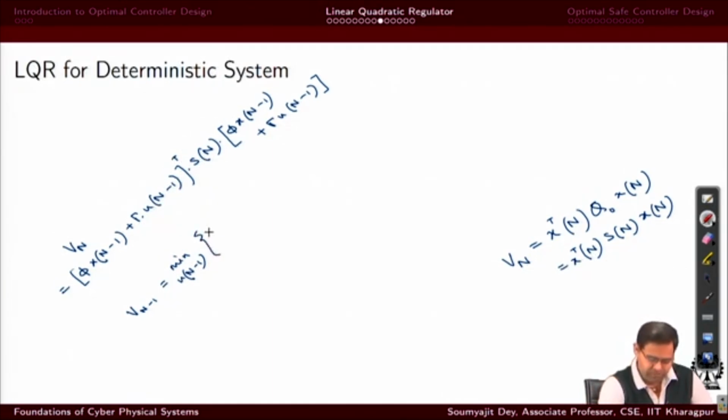So, that would mean the quadratic terms of x and u in the n minus 1th steps. And you have the weight for, let us call this W x, the weight for x like we defined earlier.